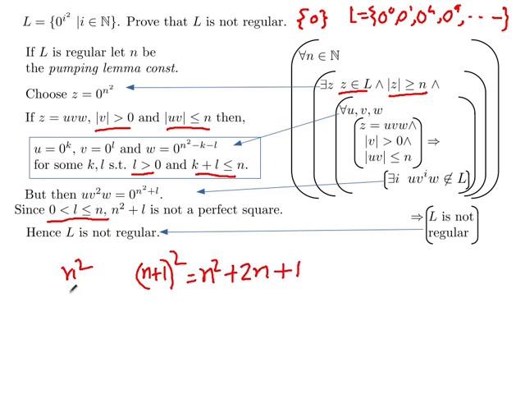So from here, if you are going for a perfect square which is bigger than this, you have to add more than n, you have to add 2n plus 1 at least. But here you are adding something which is at most n. So this n square plus L is not a perfect square, so whatever this thing is, it does not belong to this language. Okay, and then we say that we have a contradiction.